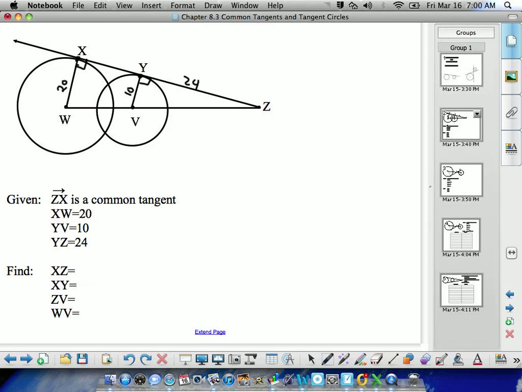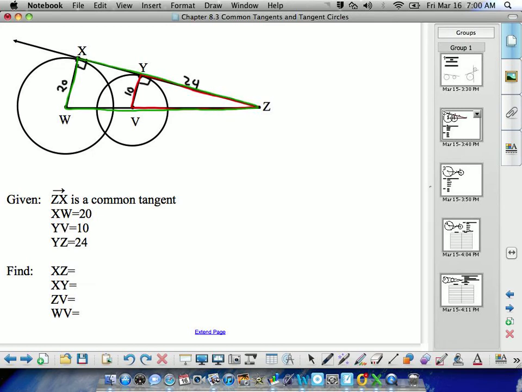How are we going to find these lengths for XZ, XY, ZV, and WV? Well, you have to recognize in this problem that there are two triangles. We have the triangle YVZ as a small triangle, and we have the triangle XWZ as a big triangle.